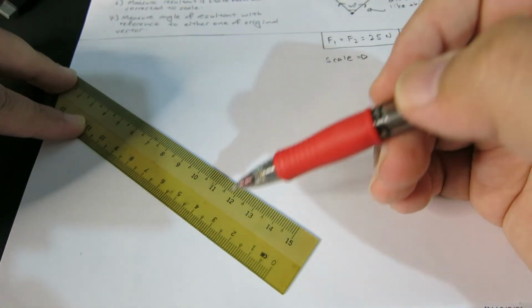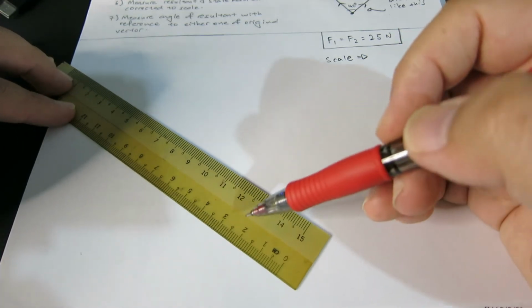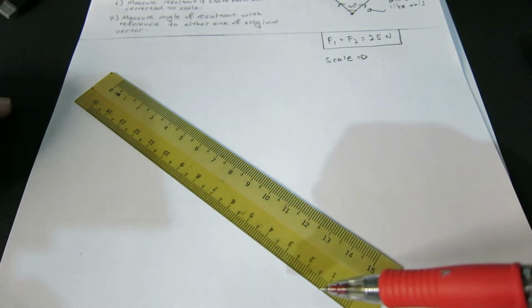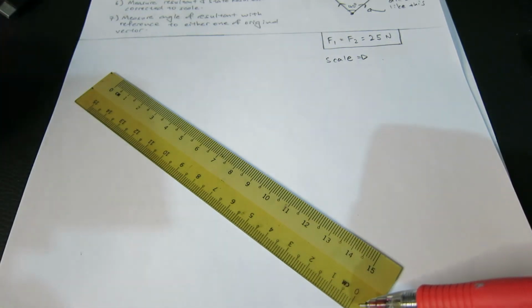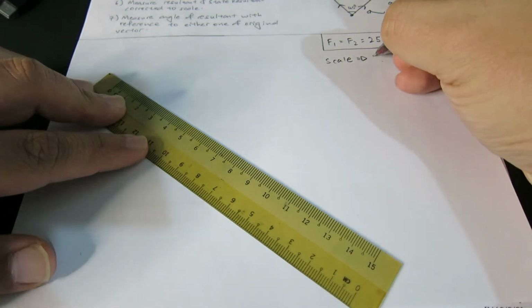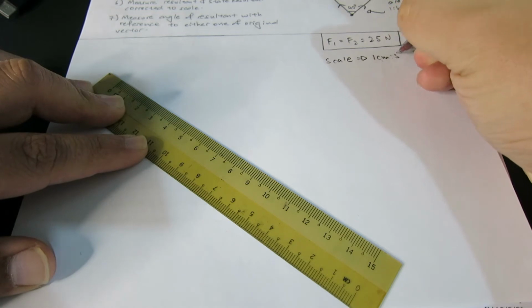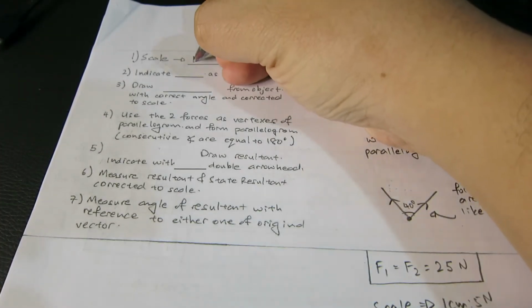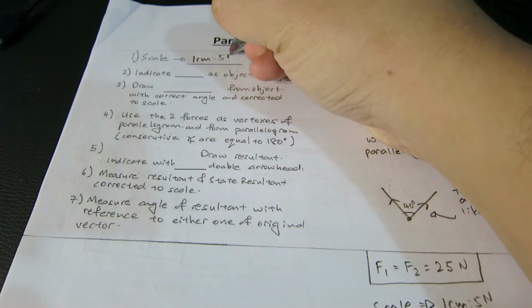So I would say if I were to choose a scale of 1 cm is to 1 newton, then I need to draw a line that is 25 cm, which cannot fit here. So I decide to go with a scale of 1 cm is to 5 newtons. Then I think the answer will fit nicely. So step 1, decide on your scale. So I've drawn the scale. I decided on 1 cm is to 5 newton.